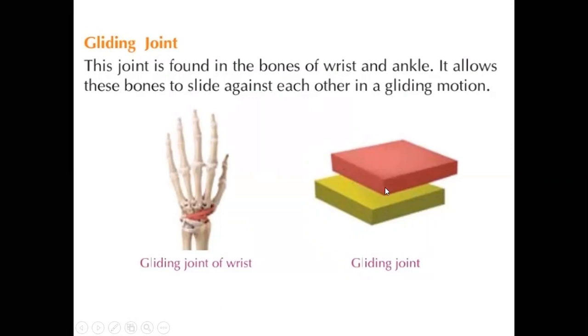So this side, this side and this side, our wrist and ankle portions will move in any direction. This kind of movement shows the gliding joint, right?